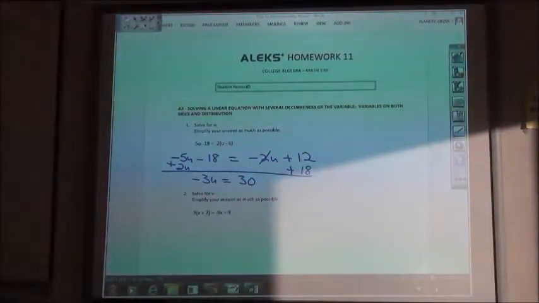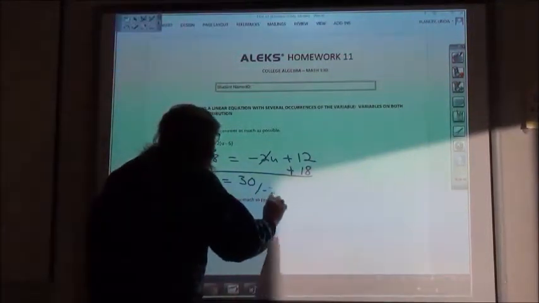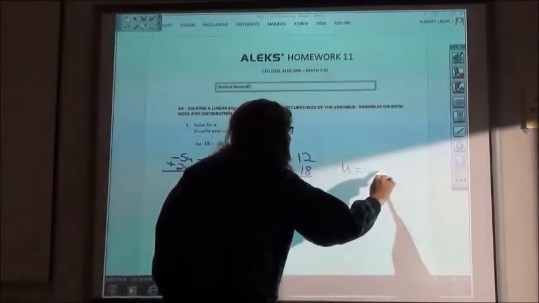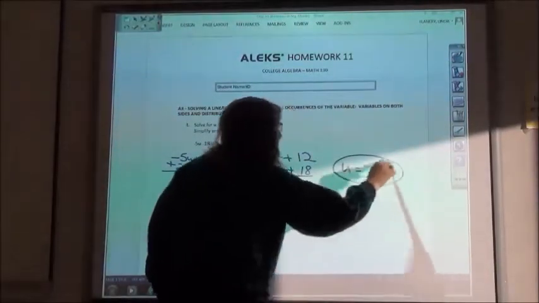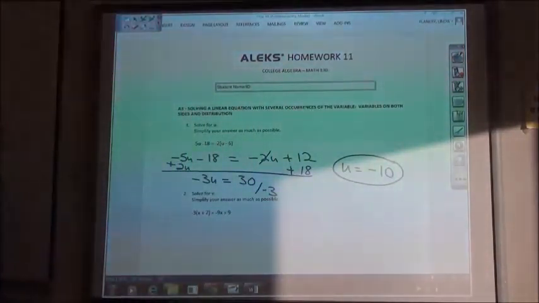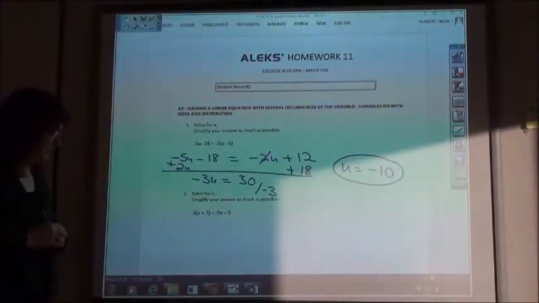And then to solve that, we do what? Divide by minus 3. And so u equals negative 10, right? 30 divided by negative 3. So u equals negative 10.